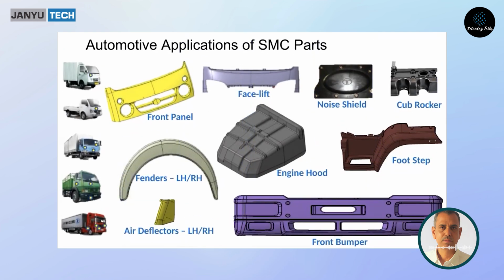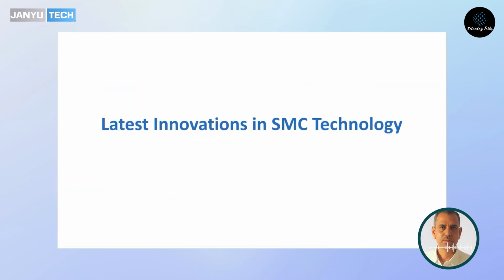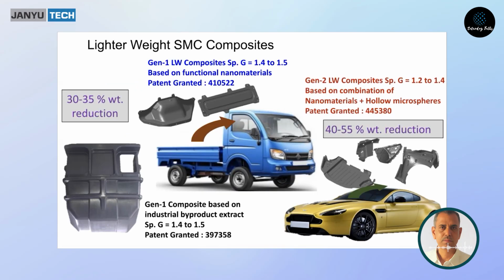So this is general purpose, I would like to go to the specialty type. So what are the innovations that happened in this area over the last, you can say, 1 decade. This slide is basically from Tata AutoComp Systems composite division.